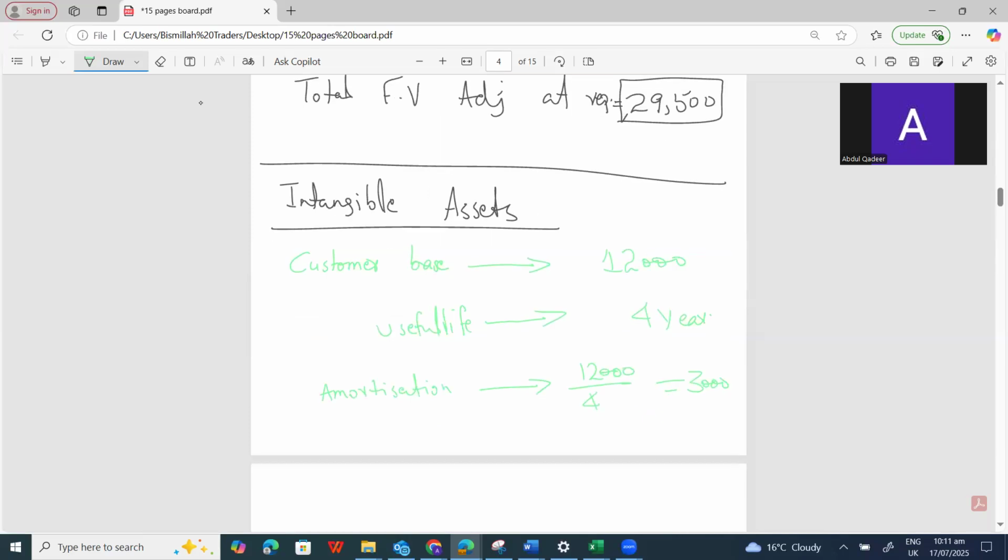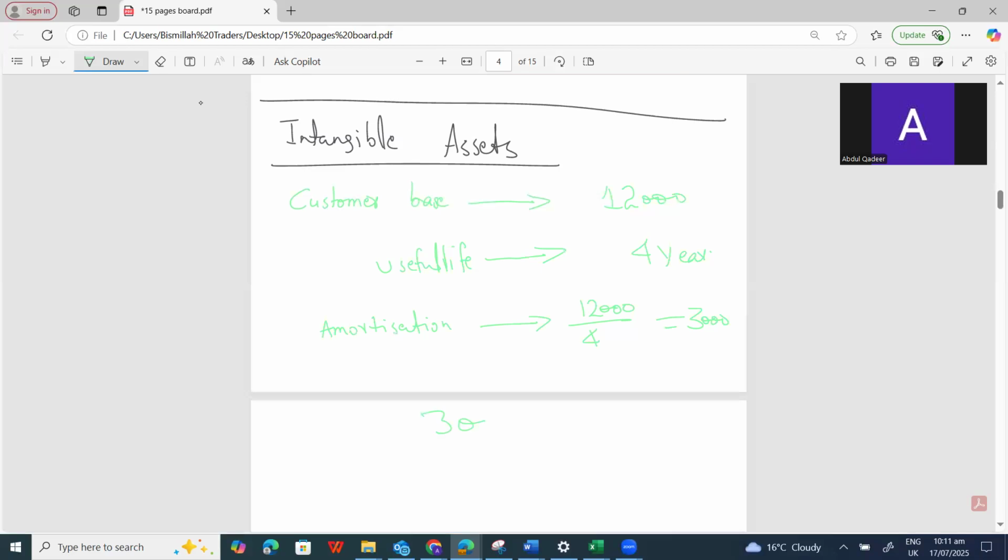But you know that only 4 months value is relevant. So we will have to divide 3,000 by 12 months multiplied by 4 months. So for 4 months, it will be 1,000 only. So that is relevant for us.